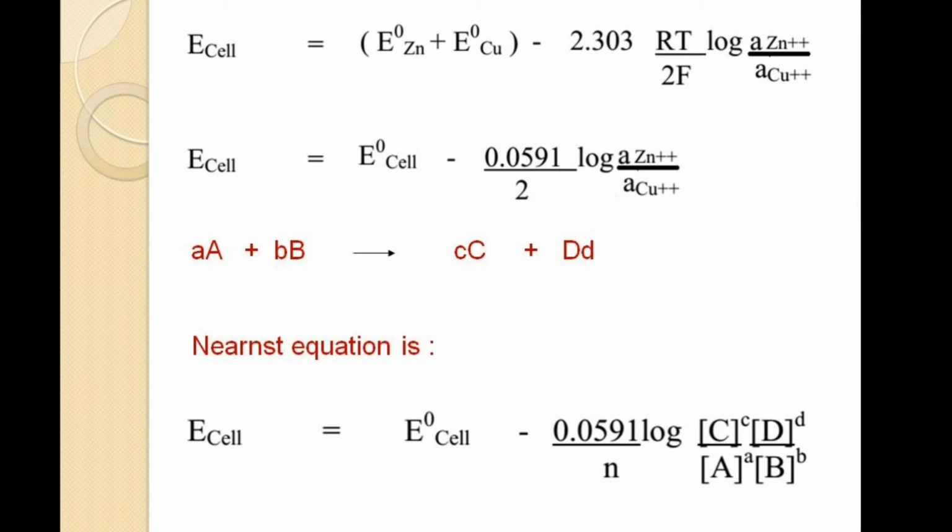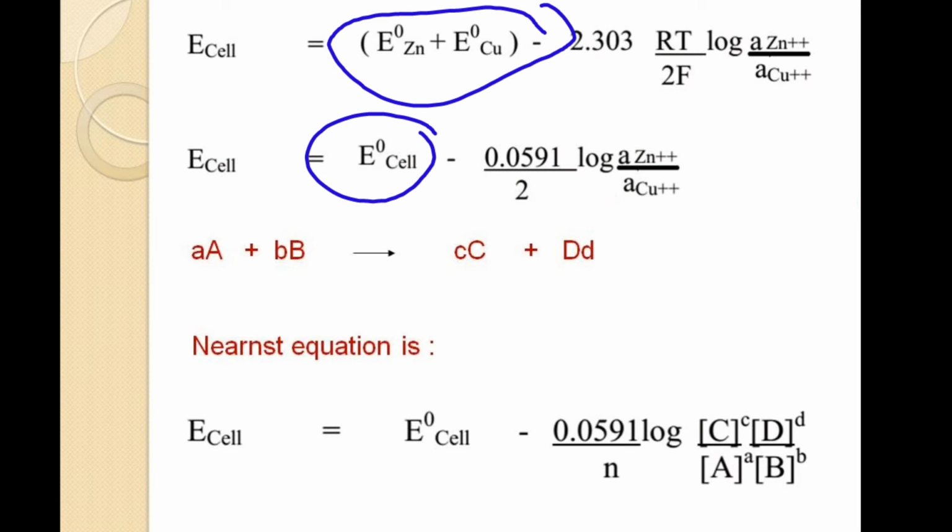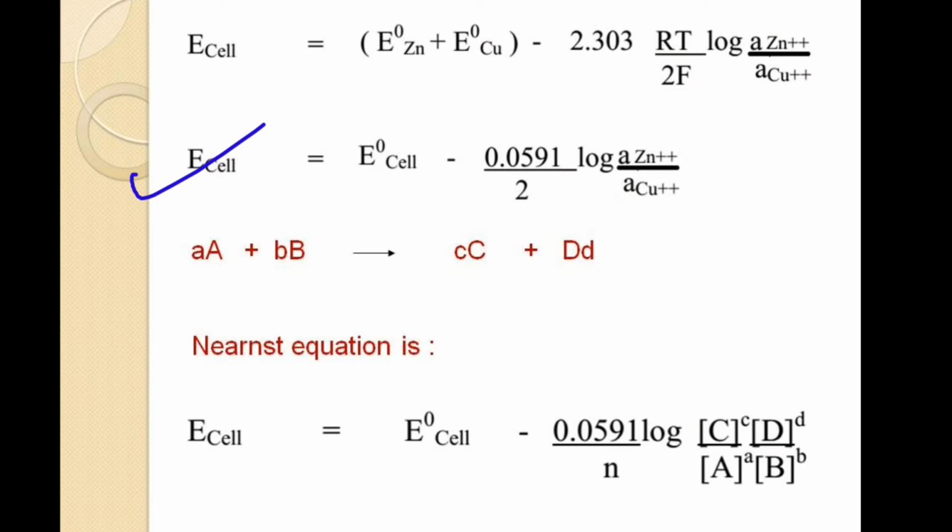So instead of E0 zinc plus E0 copper, we can write E0 cell. So this equation becomes E cell is equal to E0 cell minus 0.0591 upon 2 log to the base 10 activity of Zn2+ ion divided by activity of Cu2+ ion. So this equation is for the Daniell cell.